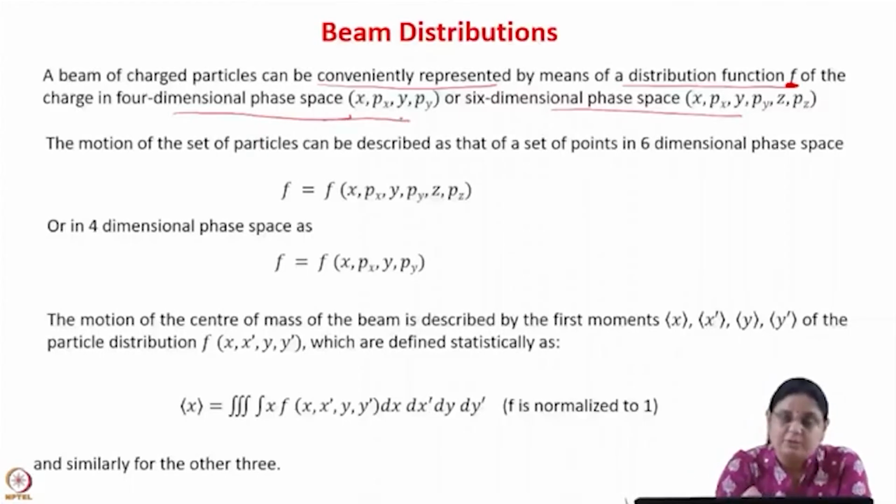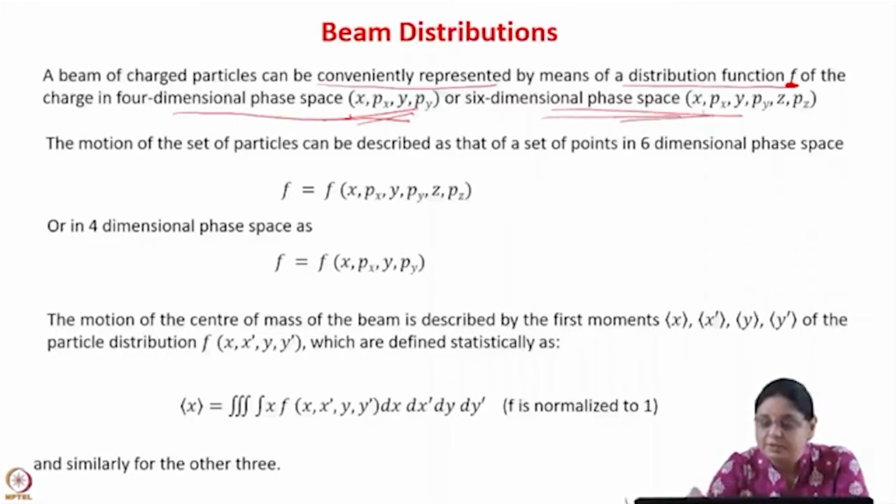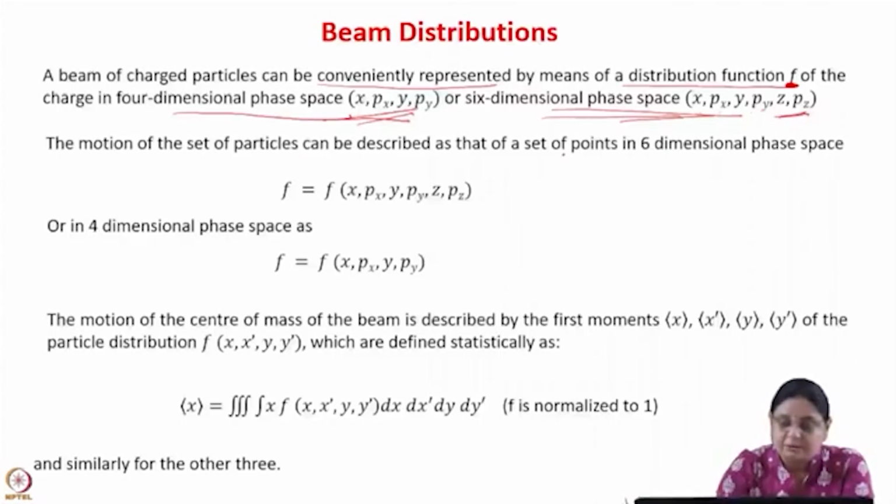The 4-dimensional phase space, x px y py, is generally used when you have a DC beam, so you need not define the beam in the z direction. In that case, a 4-dimensional phase space is sufficient to define the beam. When you have a bunched beam, 6-dimensional phase space is used, x px, y py and z pz. So motion of the particles can be described as that of a set of points in 6-dimensional phase space.